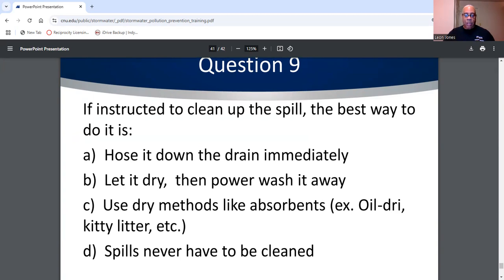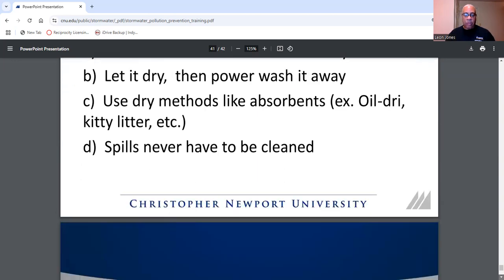You can let it dry, but you can use dry methods like absorbents. That's the best thing because you don't want to power wash it away, because you could wash it down the drain.